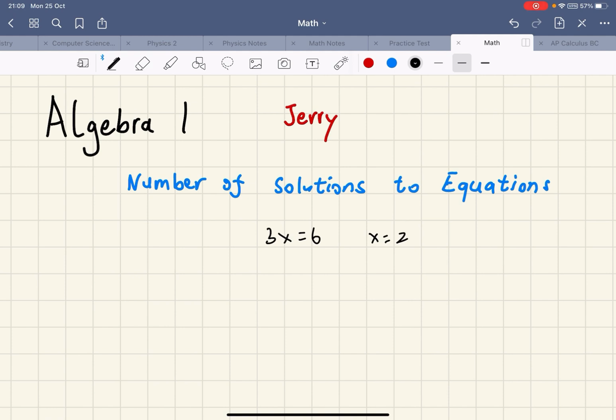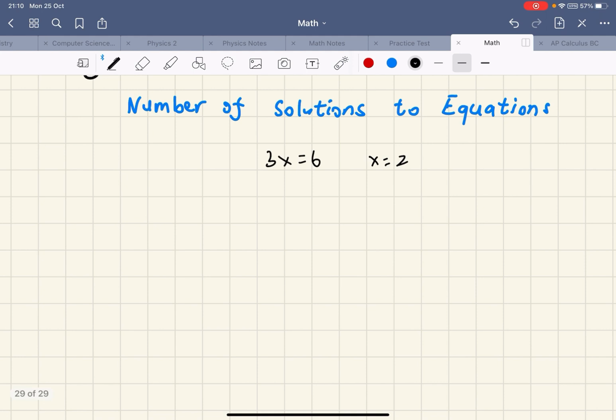Based on how the equation is written, an equation can either have exactly one solution, no solution, or infinitely many solutions. So let's remember this first.